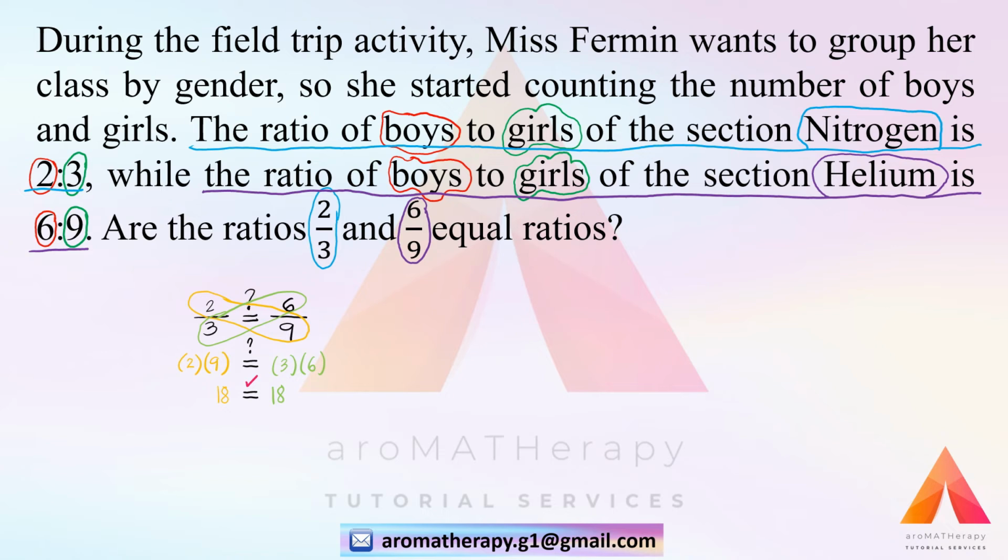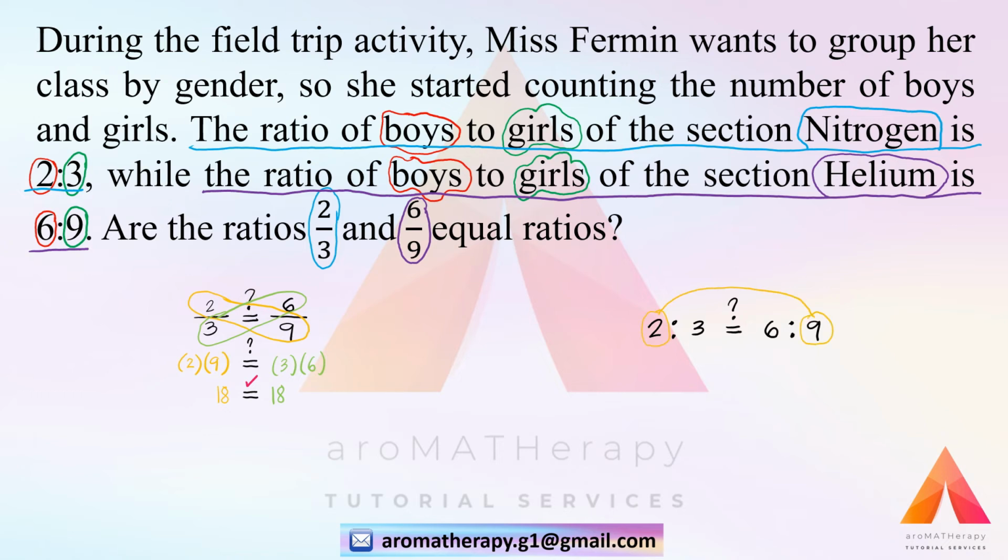Okay, let's try to solve this using another method. 2:3 is equal to 6:9. Let's equate the products of their means and their extremes. So you write 2 times 9.